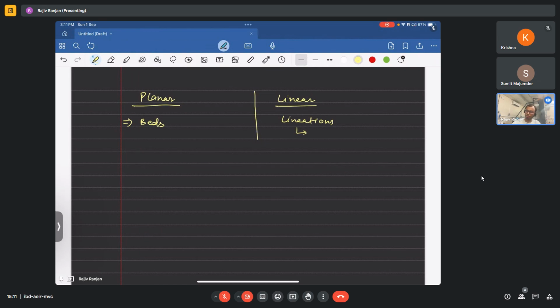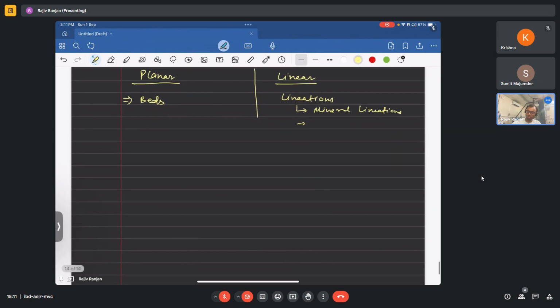Do you know? For example, mineral lineations. You see striping lineation, which I will discuss today in the lectures. Striping lineations. You see intersection lineation.